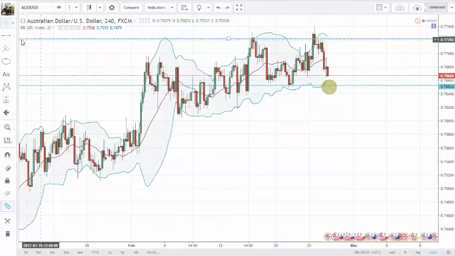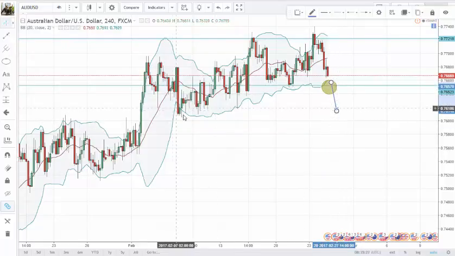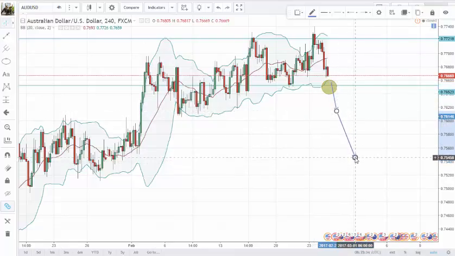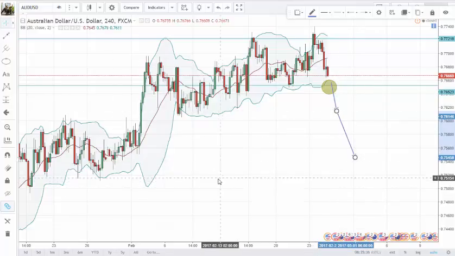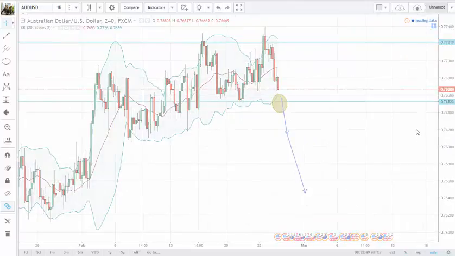If it does, then I really see some further downward momentum. Of course, price will stall around here, and then again we see some further movement back into these levels, and maybe even beyond. We'll see. As you look at the daily, there is some potential to the downside.